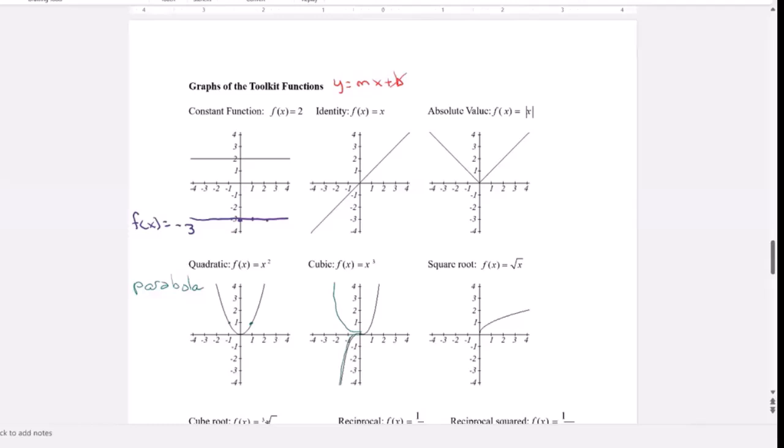So that's why sometimes things are able to go below the axis and be negative, and sometimes they stay positive, because x squared is always positive.